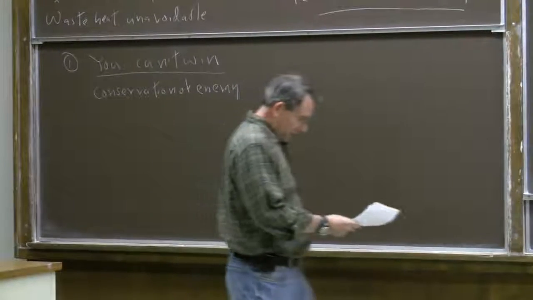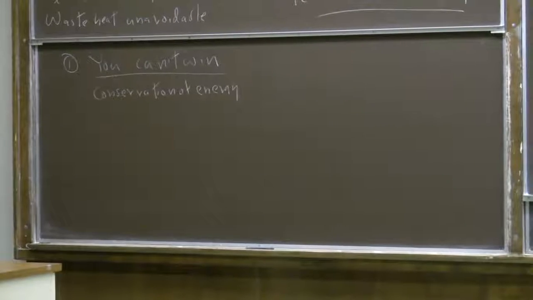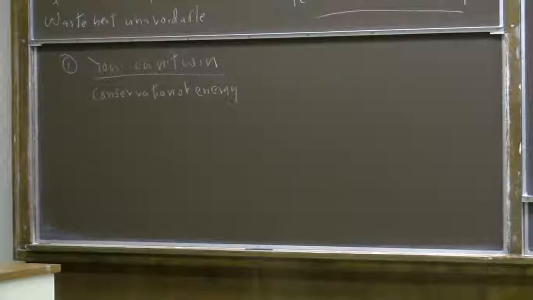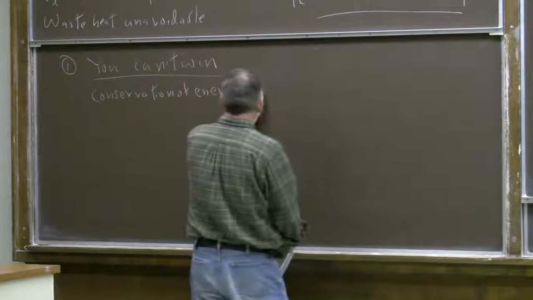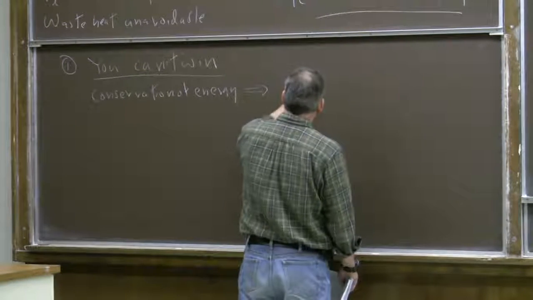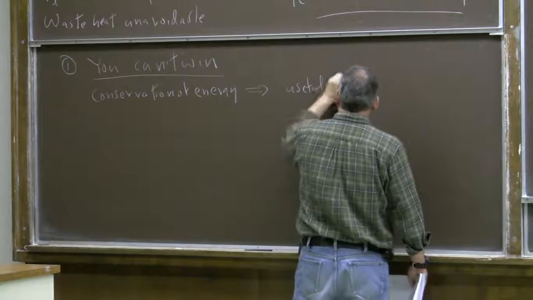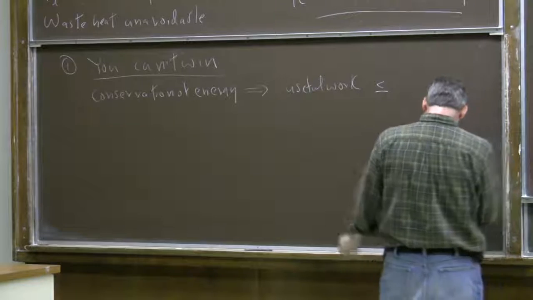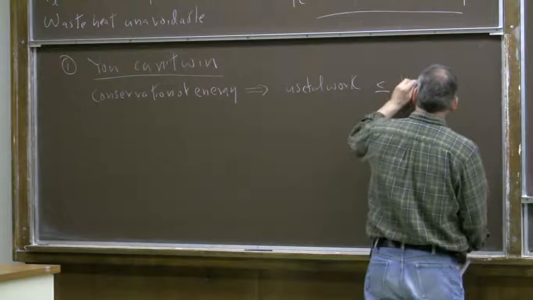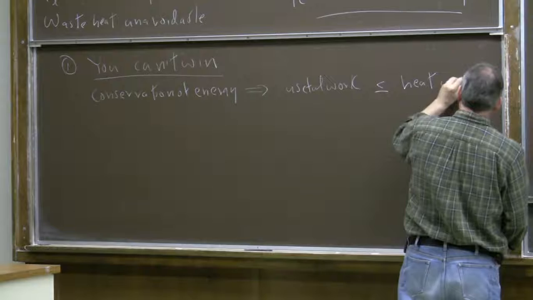Which from the perspective of the pessimist is that we can't do any more work than the amount of heat that we take in. Either less than or equal to the amount of heat used by the engine.